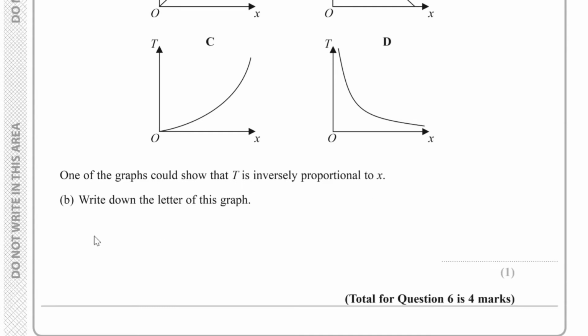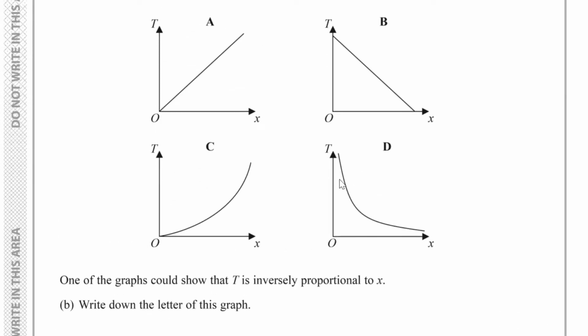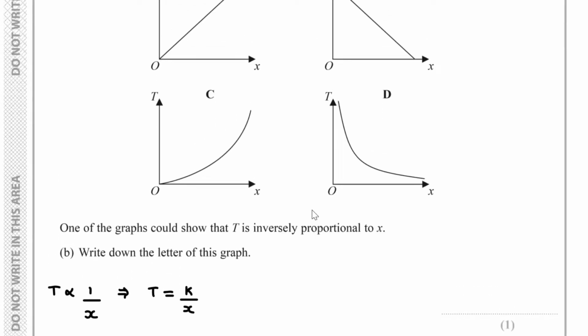So in other words, we've got T equaling some constant k over x. Now the k is just stretching the graph, so we don't need to worry about that for now. So you can see the graph of k over x, well, that's going to be D.